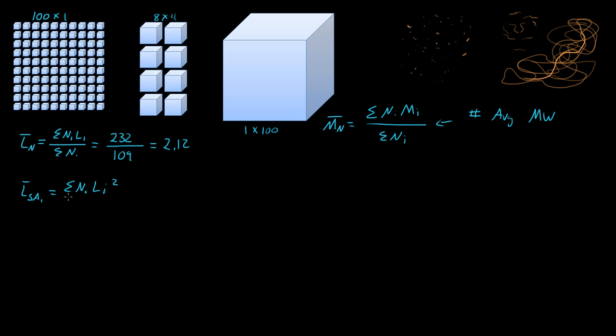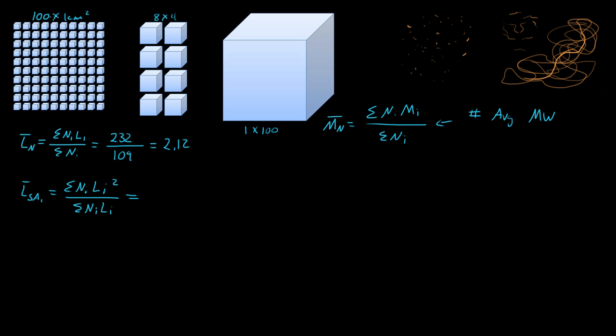And then what we do is just divide it by the summation of the number of cubes. And then we have to get rid of the length squared, because if this was centimeters, we wouldn't get a length, we'd get a surface area. So we'll divide it by one length to get a length again.